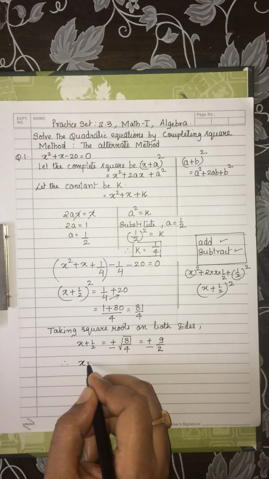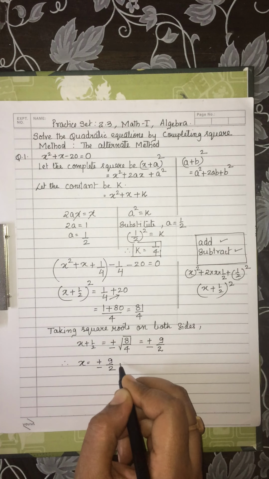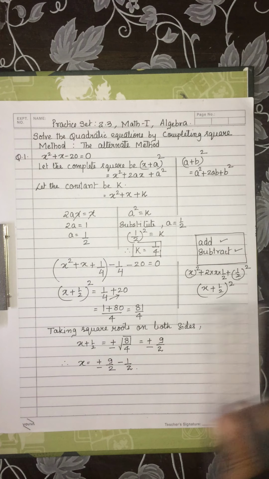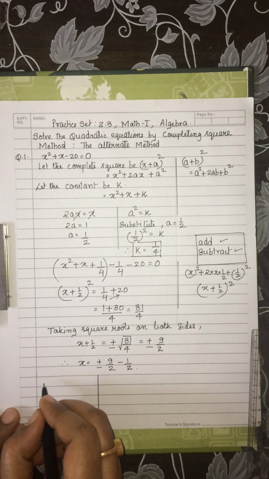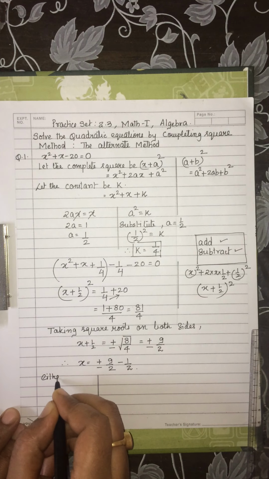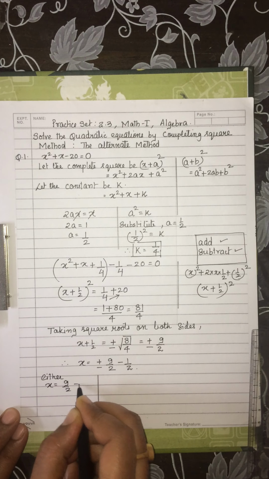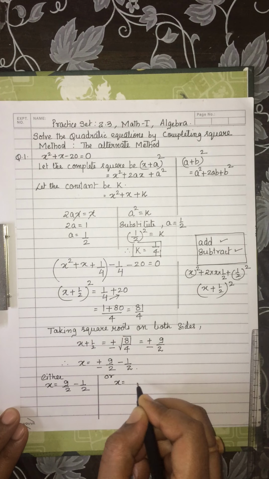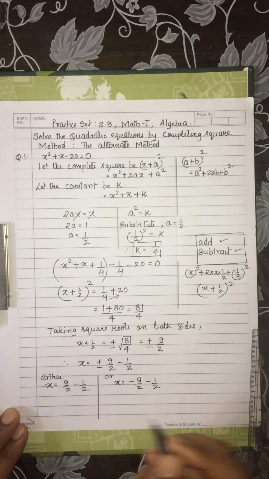So x is equal to plus minus 9 upon 2 minus half. So children, either x is equal to 9 upon 2 minus half, or x is equal to minus 9 upon 2 minus half.